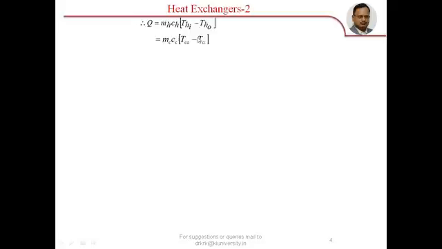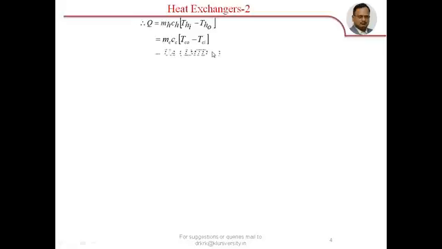In addition to these two, we have another equation where the heat exchange takes place between the hot fluid and cold fluid by means of combined conduction and convection, and the effective temperature difference between the two fluids. We have derived an expression and found that it is the logarithmic mean temperature difference.